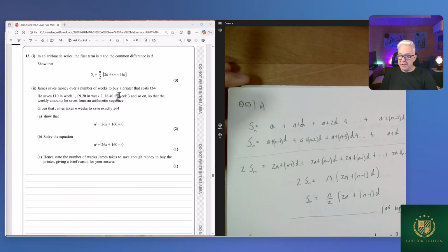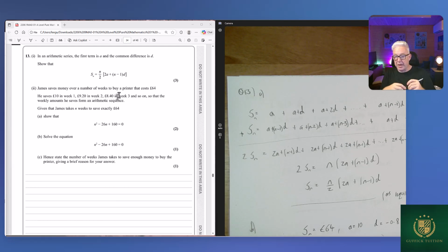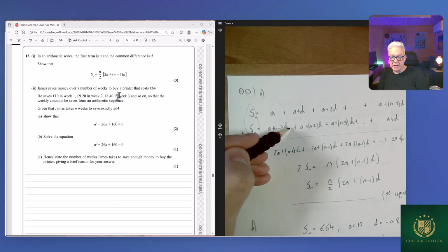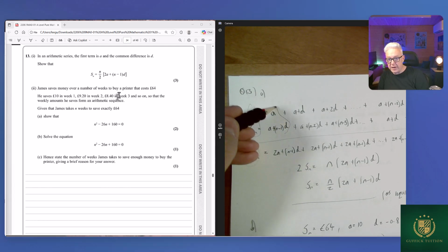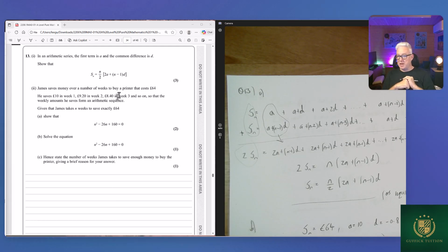Now you add these two lots of the series together. Over on the left, we get Sn add Sn, which is two lots of the series. Adding the first terms, a plus a plus n minus 1 times d, comes to 2a plus n minus 1 times d.